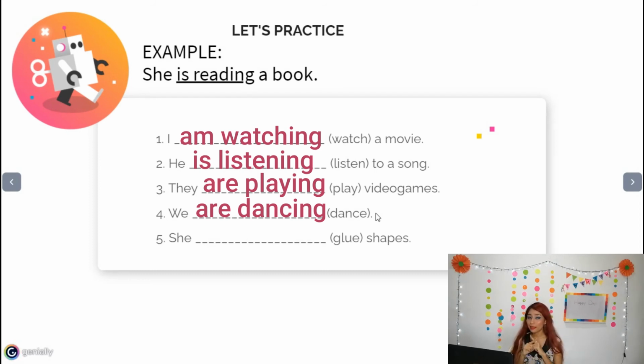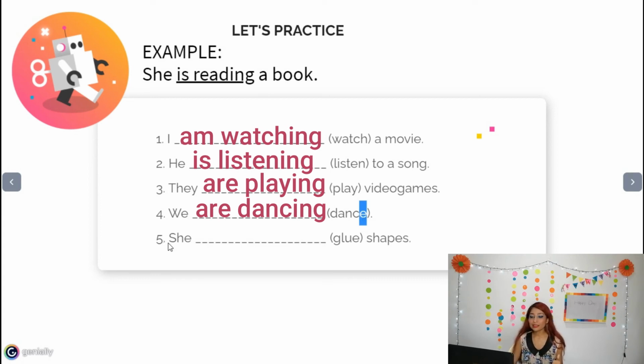So remember that the rule says that if you have a verb that ends with this letter, you need to drop that letter, quitamos esa letra, and we change it into ing, y la cambiamos por ing. Very good. So let's read it one more time. We are dancing. Very good.